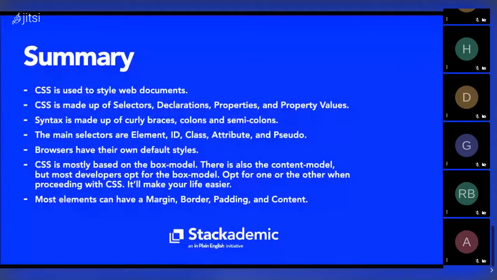Browsers have their own default styles. CSS is mostly based on the box model, but there is also the content model. But most developers opt for the box model. Opt for one or the other when proceeding with CSS, though, because it'll make your life easier. Most elements can have a margin, border, padding, and content.